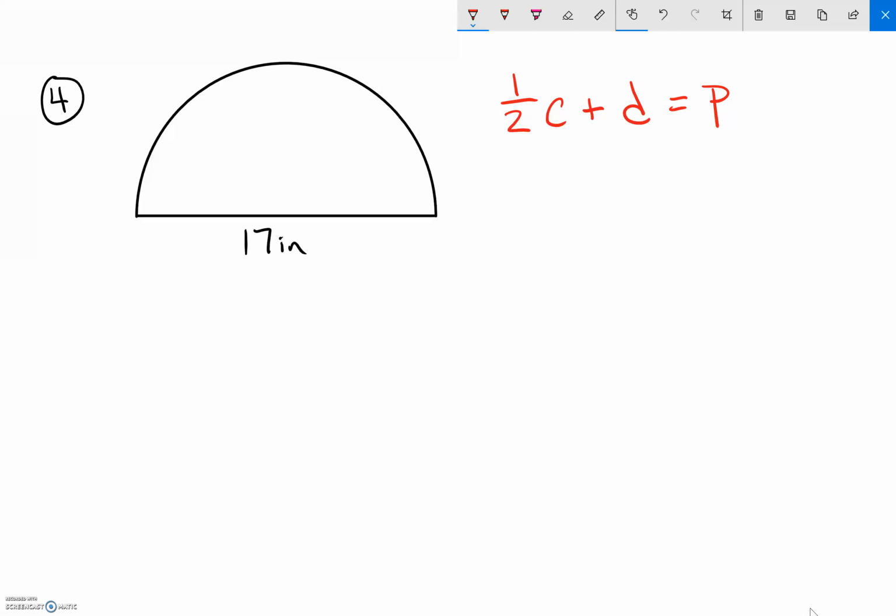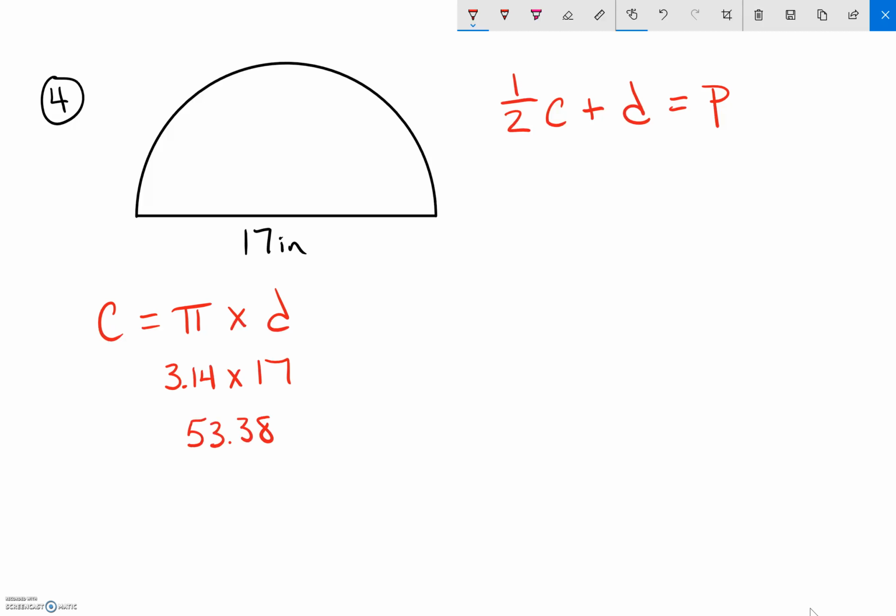So if we were to find the entire circumference of this circle, circumference equals pi times diameter. They told us to use 3.14 for pi times a diameter of 17. 3.14 times 17 is 53.38.